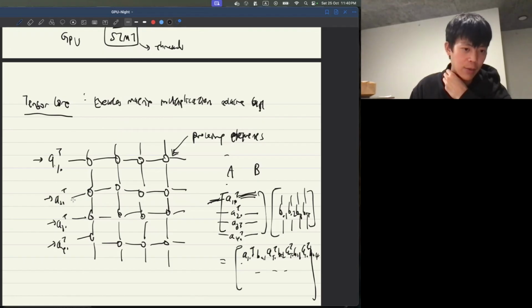But we stagger it, right? We stagger it such that we stream in the first row first, we wait for 1 unit of time, so let's say a bubble, and then we stream in the second row of A. And then for the third row, we need to bubble it 2 times. And for the fourth row, we bubble it 3 times respectively. We do the same for the columns of B, right?